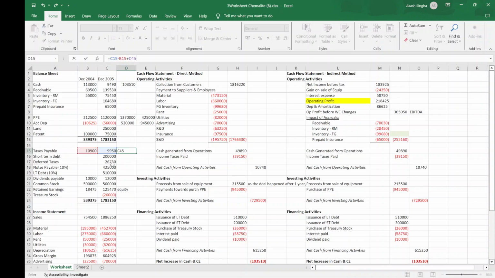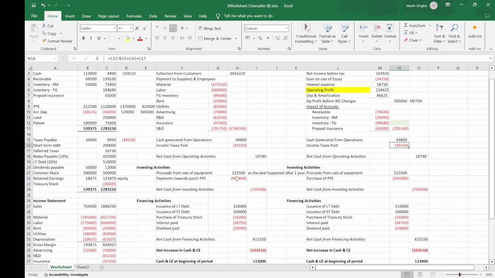So deferred taxes got increased. So we don't have to pay that, right? So there is a positive cash flow. So we'll add this. So 39,150, and yeah, this amount is the income tax we paid, and proceeds from sale of equipment.